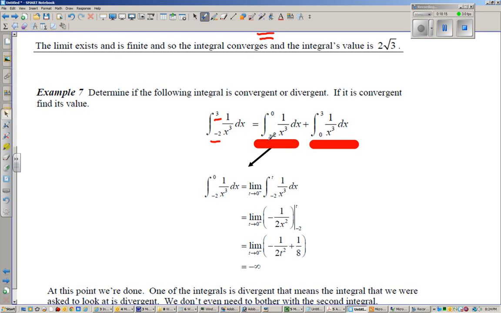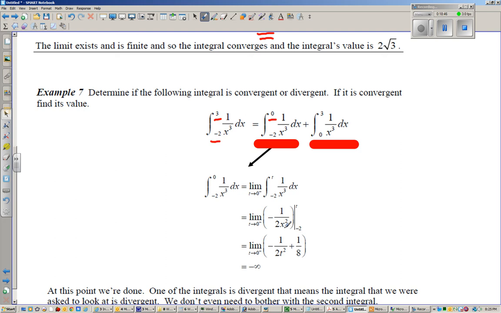So we take this integral and split it at the problem value. We say, how about going from negative 2 to 0 and then picking up at 0 and continuing to 3? Let's start with the first one. The evaluation of that integral would be negative 1 over 2x squared.